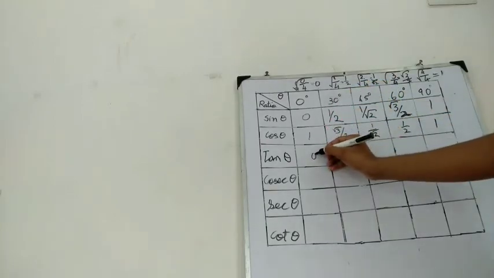Now how to find tan theta? You know tan is nothing but sin by cos. So sin is 0, cos is 1. So tan 0 is 0. Sorry, here it is 0.